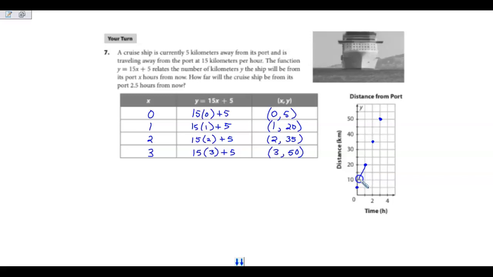And so when I connect my dots, let's try it this way. What are we noticing? It's creating a straight line, isn't it? So we're going to put our arrow on the end of it.